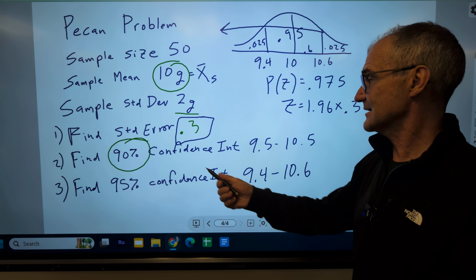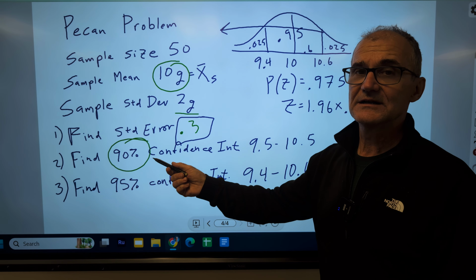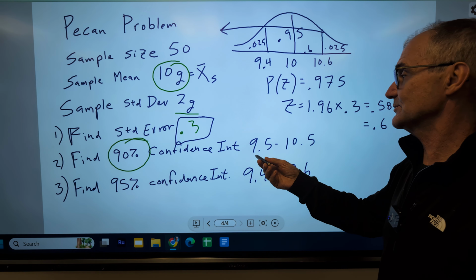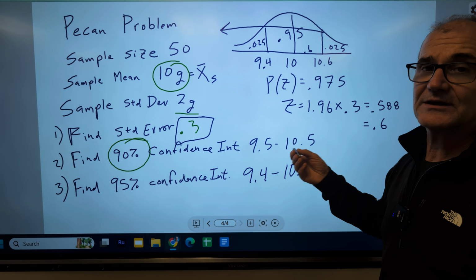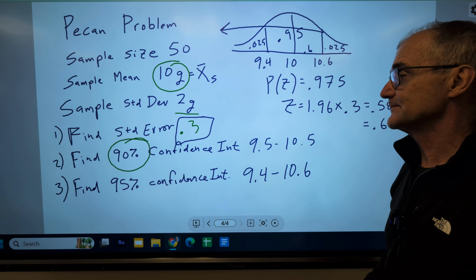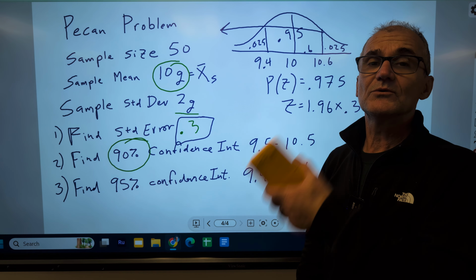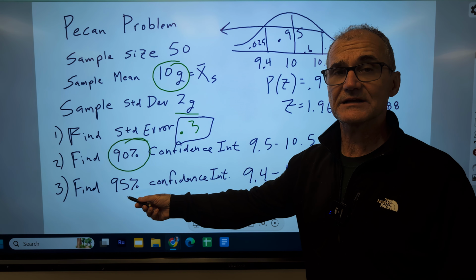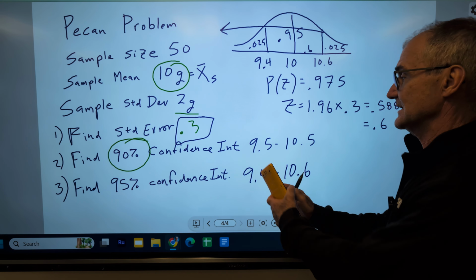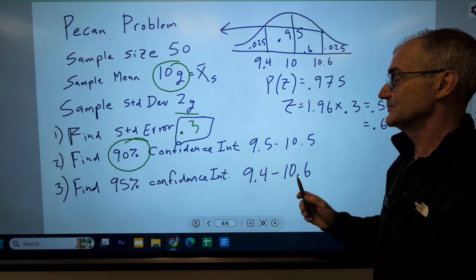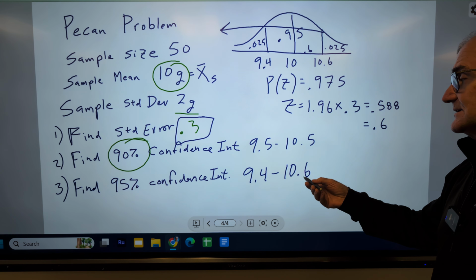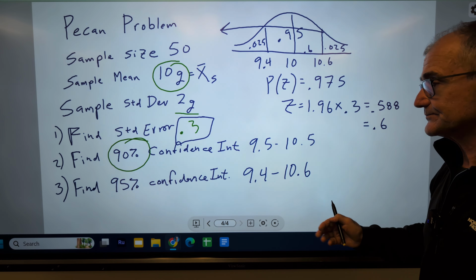Well, in this case, I could be 90% confident that the average weight would be between 9.5 grams and 10.5 grams. If I wanted to be more confident, like 95% confident, then I would increase the size of my window to 9.4 to 10.6.